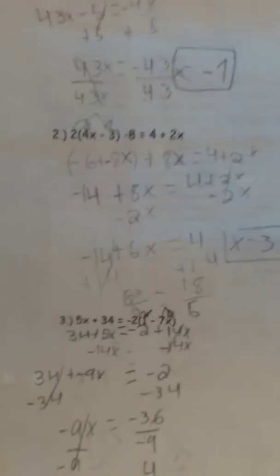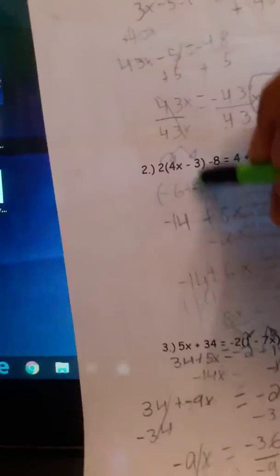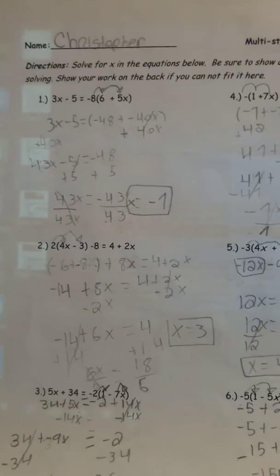We bring the 8 from the outside inside here, and the 8x stays outside, equals 4 plus 2x.